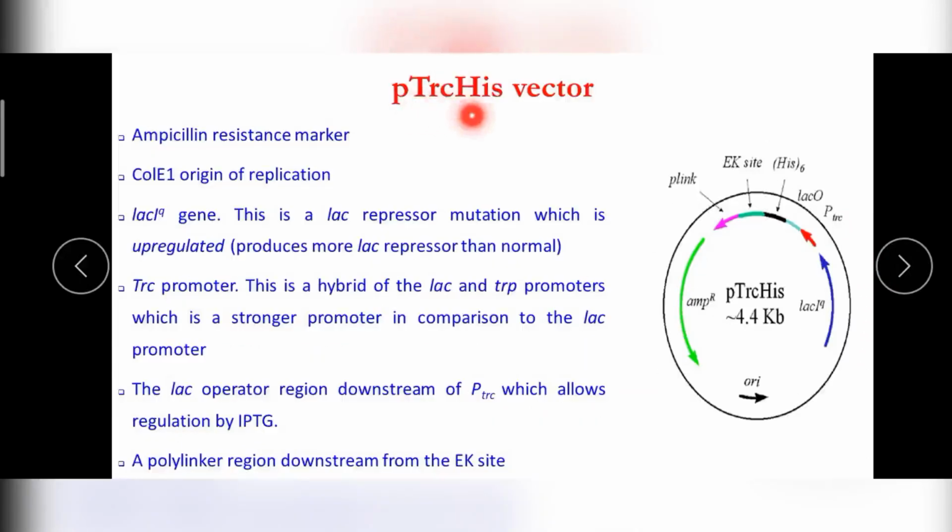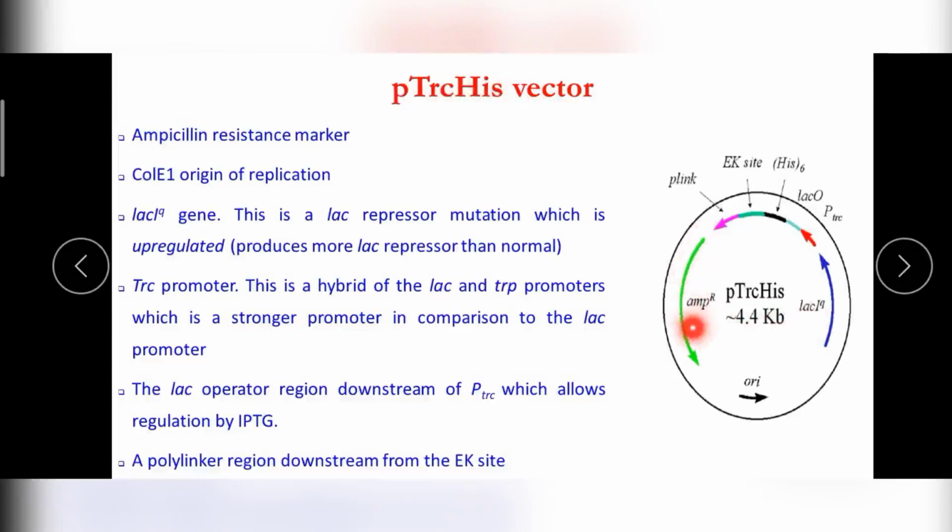Okay. Next, coming to the other example, the pTRC His vector. TRC is a hybrid promoter containing a TRP promoter plus LAC promoter, and His means the presence of the histidine tag. The fusion tag here is histidine, and P means plasmid. This vector is of size 4.4 kb.